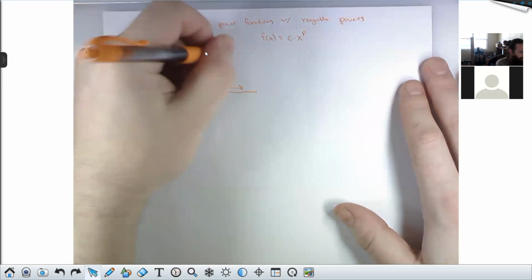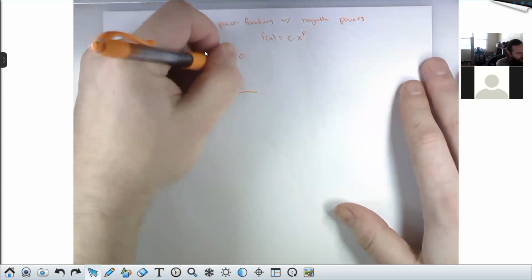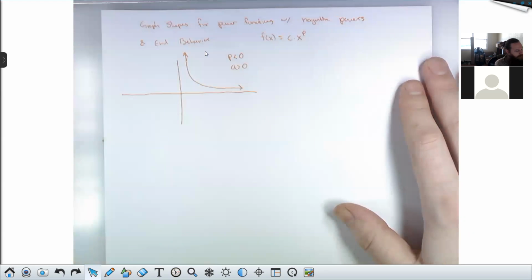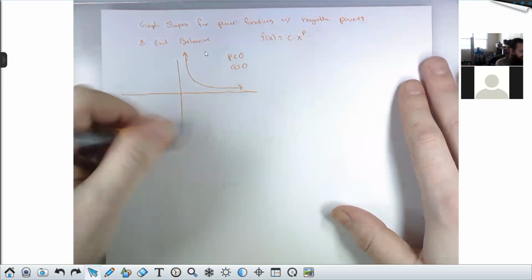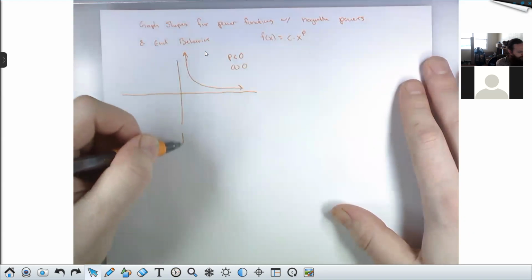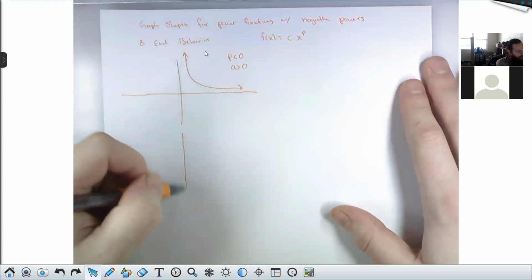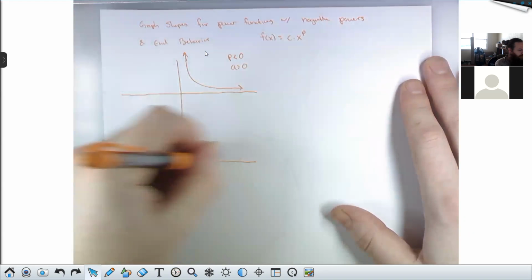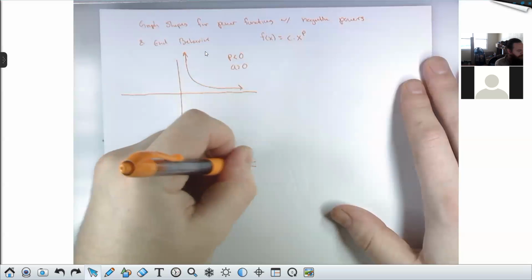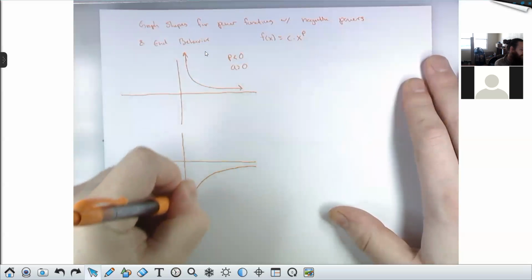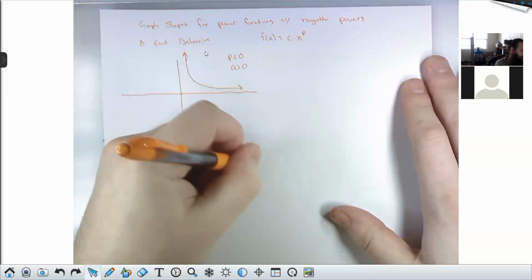This is where the power is negative and the coefficient is positive. And this is where the power is negative and the coefficient is negative.